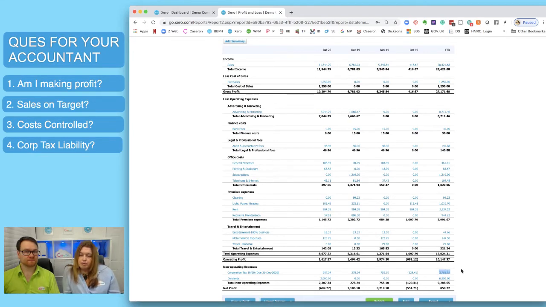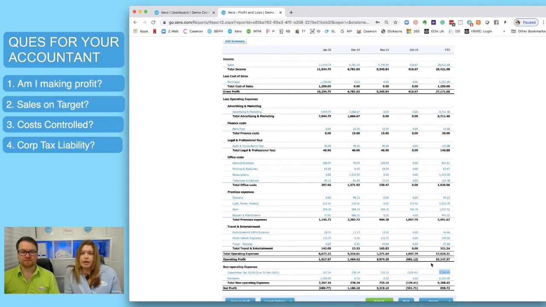So on an operating profit, which is our profit before tax and before our dividends, of around £10,100 in our year to date, we should have a corporation tax liability of about £2,700. We should know what that is, and we should be having that saved in our balance sheet.